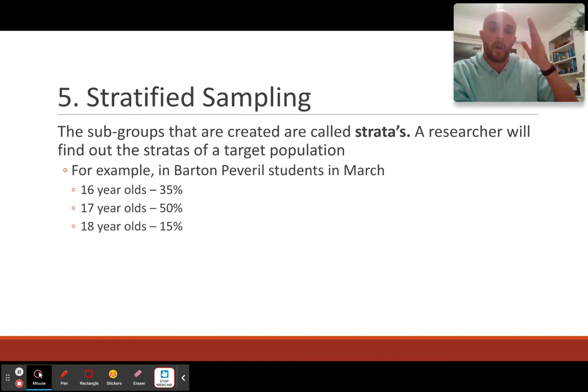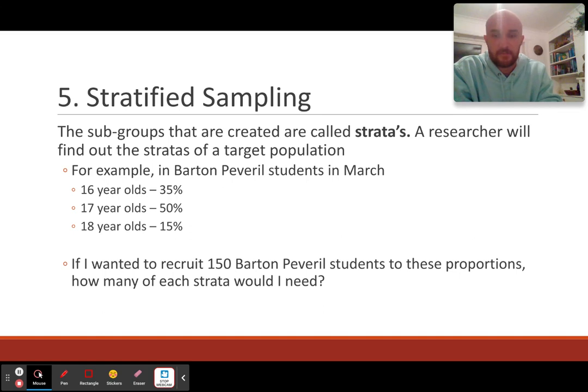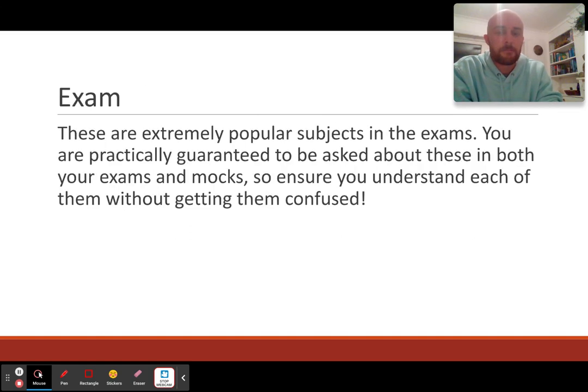So if I'm going to recruit 100 people from Barton Peveril in March, 35% need to be 16-year-olds, 50% need to be 17-year-olds, and 15% need to be 18-year-olds, for my sample to accurately measure you guys. I said 150 there, so a bit of maths.